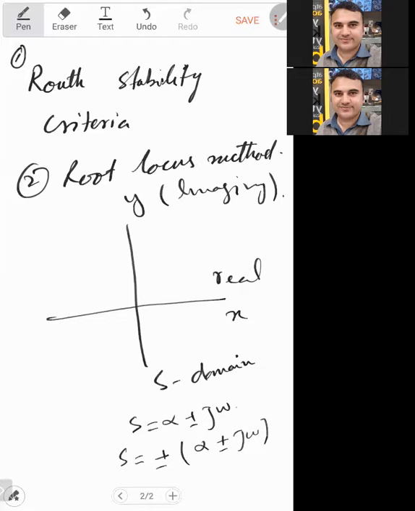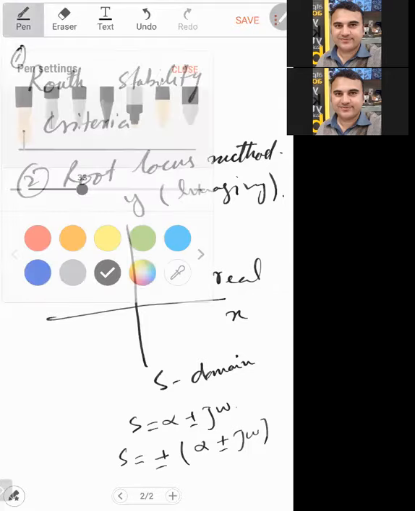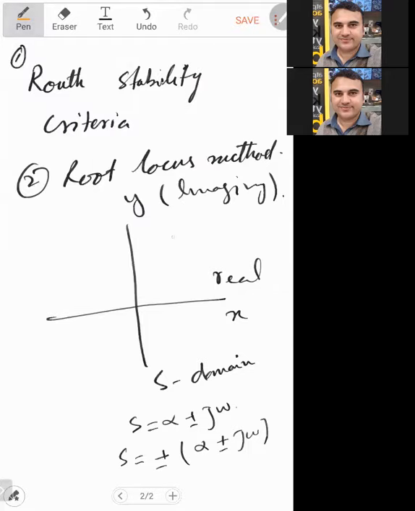When we are talking about the system stability, we divide this complex plane into three parts. The first part is the complete plane on this side, which is called the right half plane, RHP.